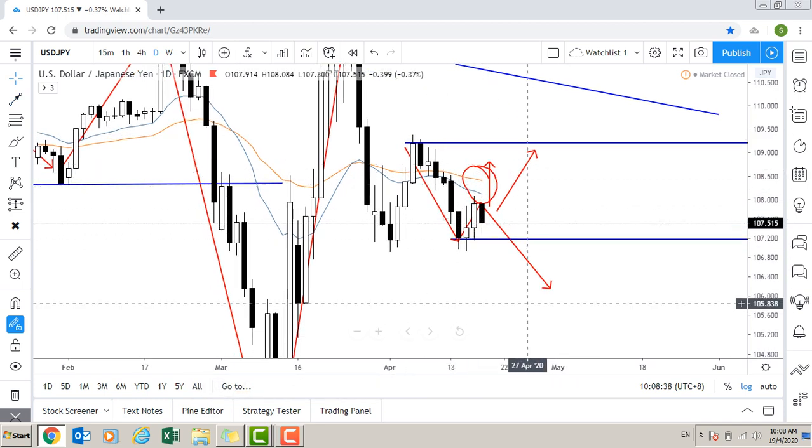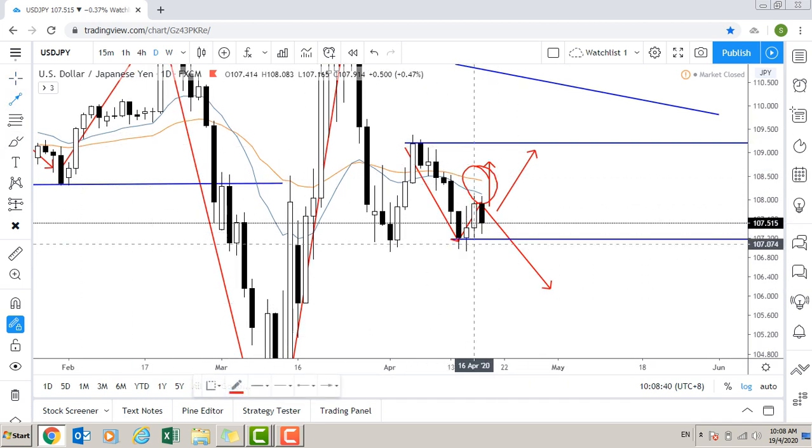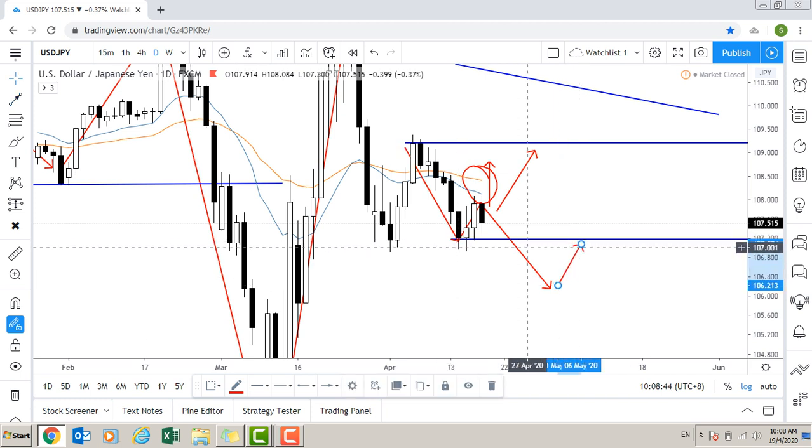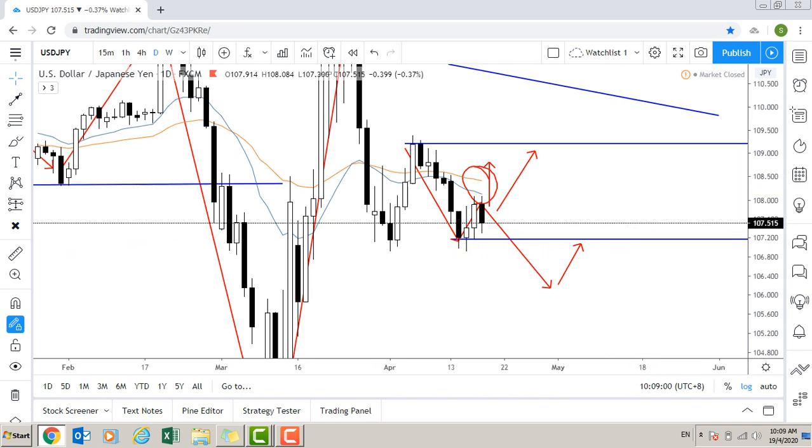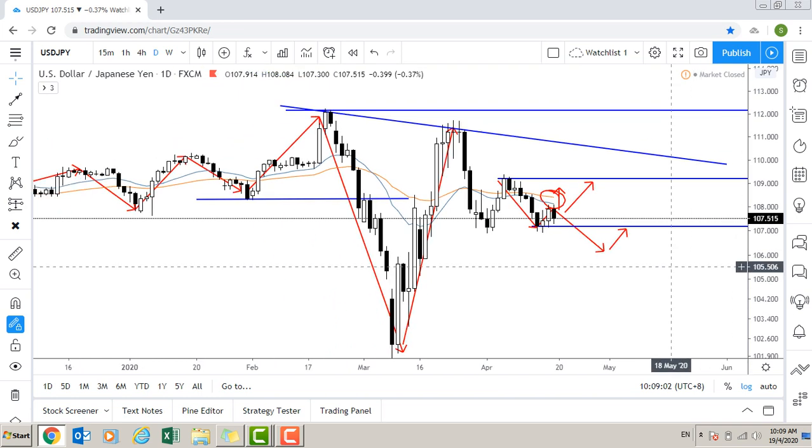Then you will want to wait for the price to pull back to the previous support turned resistance, or wait for the dynamic resistance as your resistance area. Then you might want to look for a sell signal in all these areas that I highlighted to you. So these are all the views that I have on USDJPY.